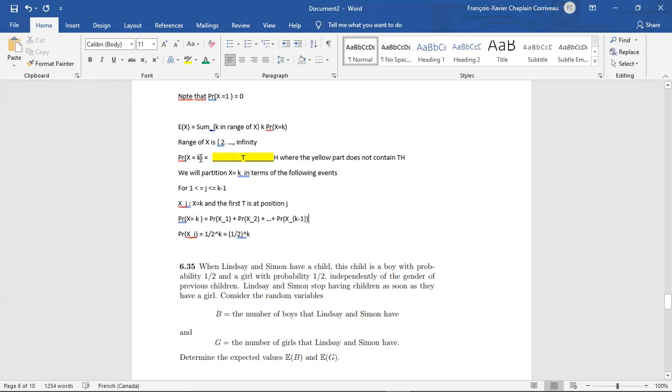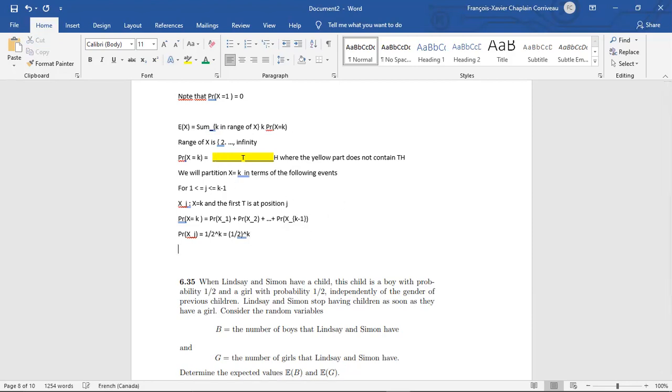If x is equal to k, well, I need to have one tails at some point. Either it's here, or it's here, or maybe it's here. But I need to have one tails at some point. I'm going to look at the position of the first tail, and I'm going to look at every possible case.